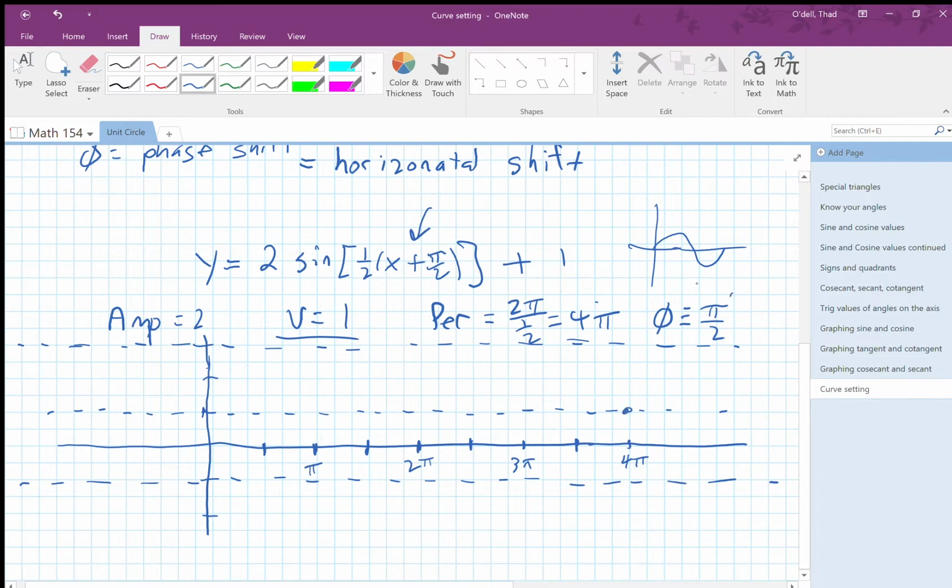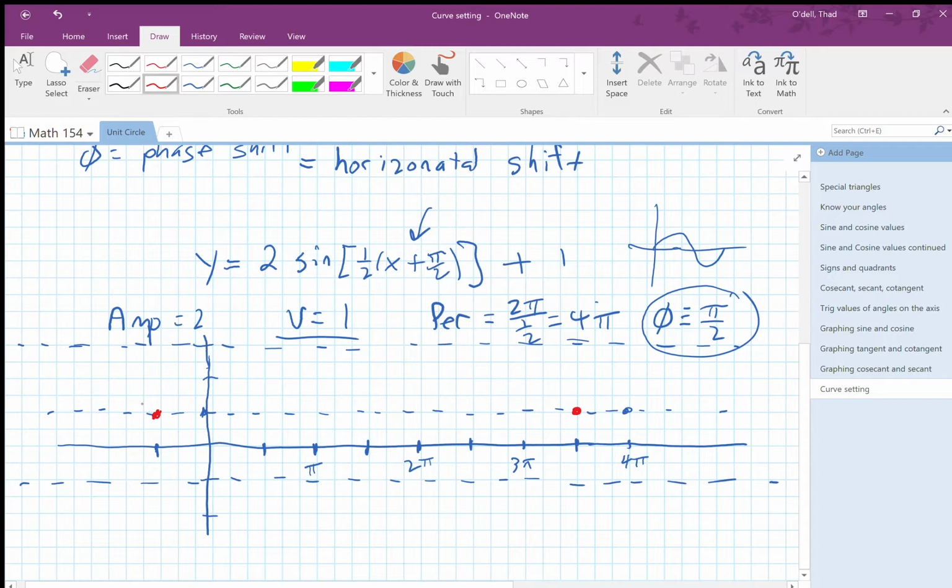But then the phase shift says I have to move back pi over 2. So instead of starting right here in the middle, and I'll pick a different color for a second, I'm going to actually start right there, which means instead of ending at 4 pi, I'm going to end right here between 3 pi and 4 pi. So I know I have to start here at the middle and end here at the middle. Halfway, I'm also going to be at the middle.